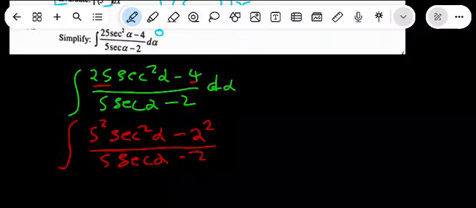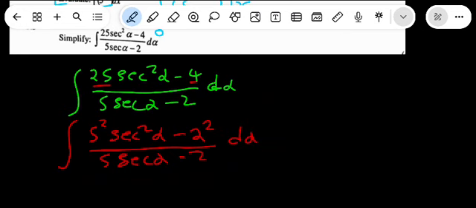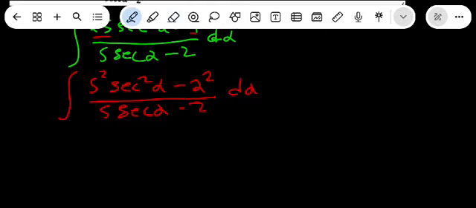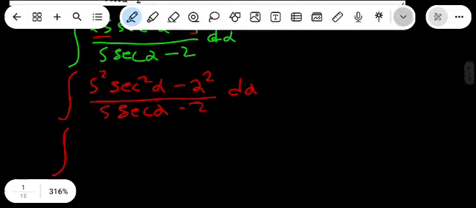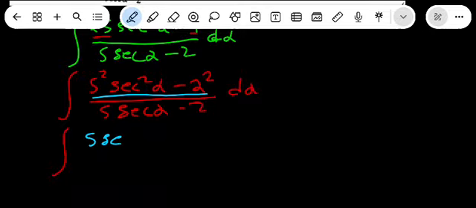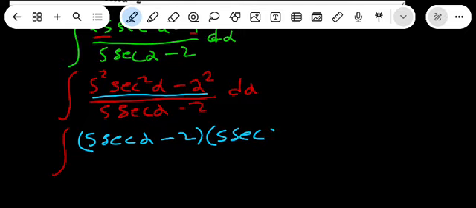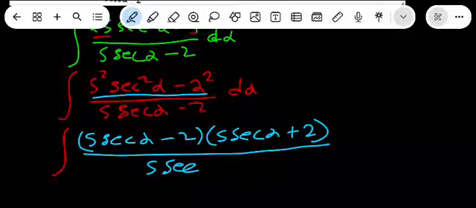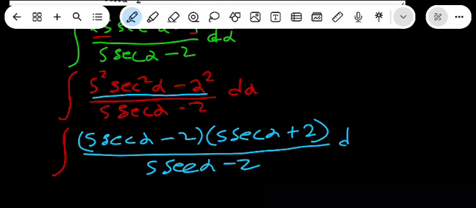You have to notice that the numerator is the difference of two squares. So we'll have 5 sec alpha minus 2 times 5 sec alpha plus 2, divided by 5 sec alpha minus 2, d alpha.